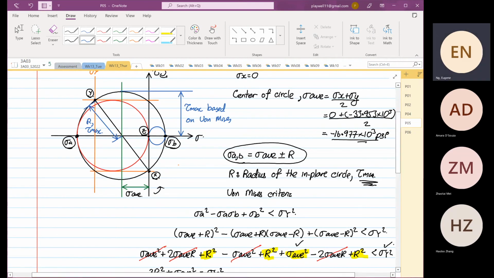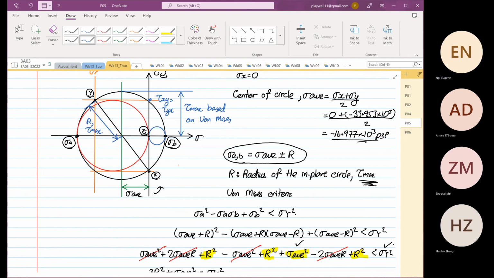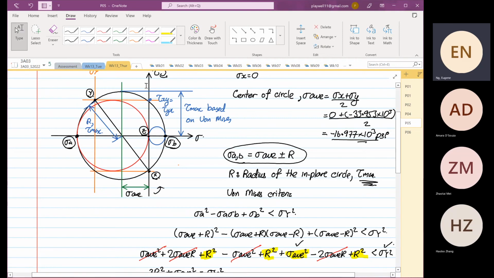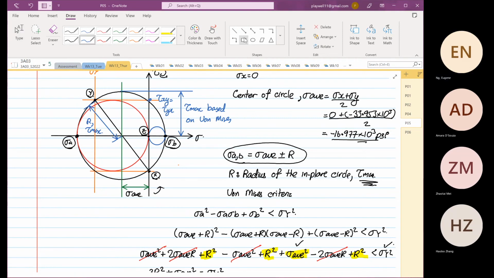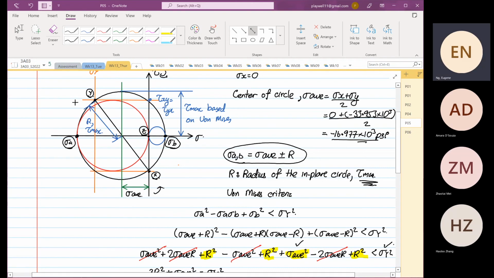So what we want to find is our shear xy, which is equal to shear yx, right? What we do know is this height over here.